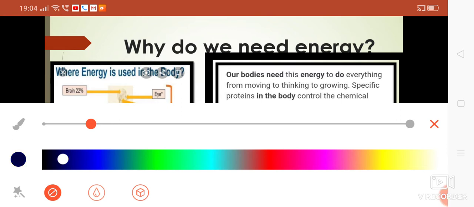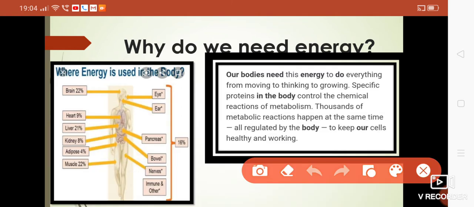These cells combine them and make a chemical reaction. This chemical reaction will produce energy and heat. So children, we need energy to do everything inside our body.